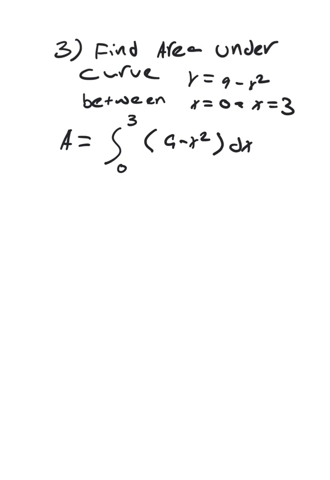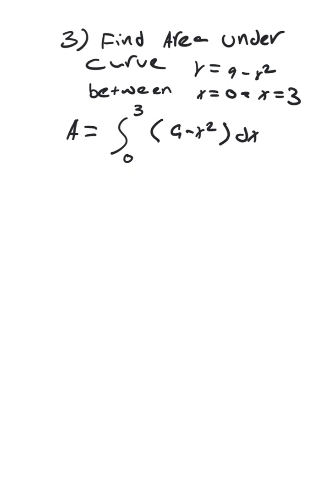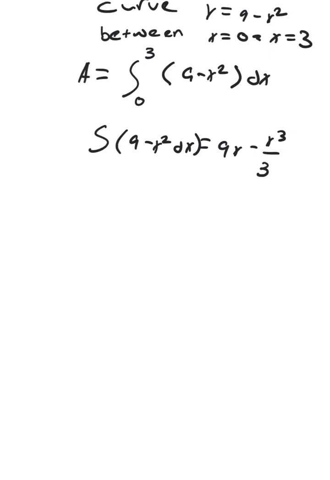So now let's compute the integral. The integral of 9 with respect to x is 9x, and the integral of x squared with respect to x is x cubed over 3. So the integral of 9 minus x squared dx equals 9x minus x cubed over 3. So now we have to solve for the problem. Let's do it at x equals 3.